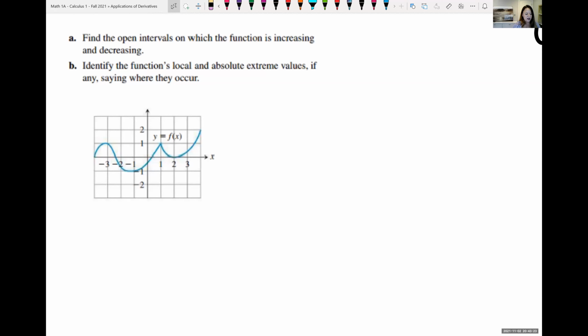Looking at the following graph, you should be able to tell where it's increasing and decreasing, and identify where local and absolute extreme values occur. In this graph, we're assuming that the function is not continuing as x goes to negative infinity or positive infinity, so these are closed circles here. Let's look at where it is increasing.